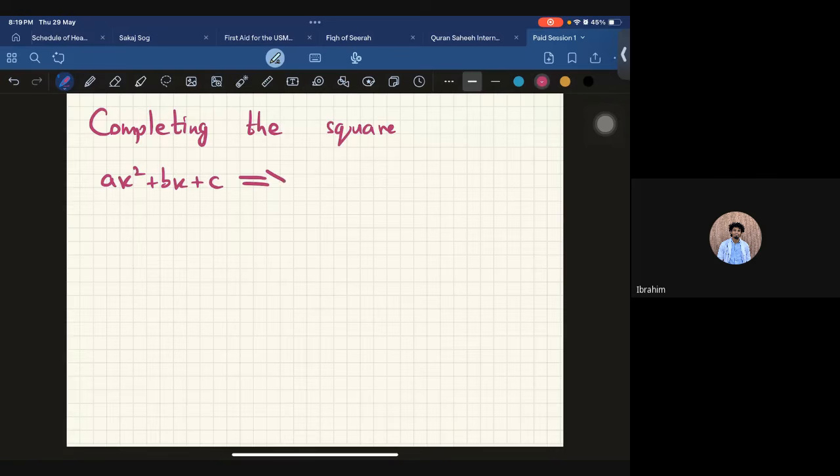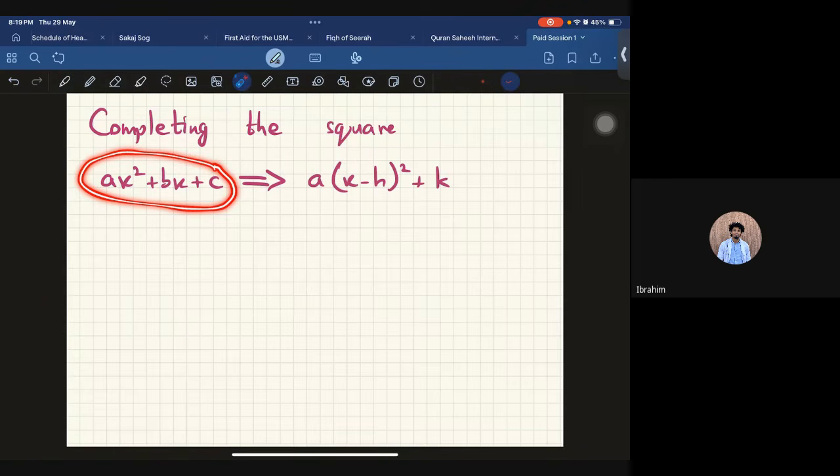For completing the square method, we have to convert this equation into a specific form, which is ठीक है. So हम इस general equation को, general quadratic equation को इस form में लाएंगे. This form will help us find the coordinates of the turning point.